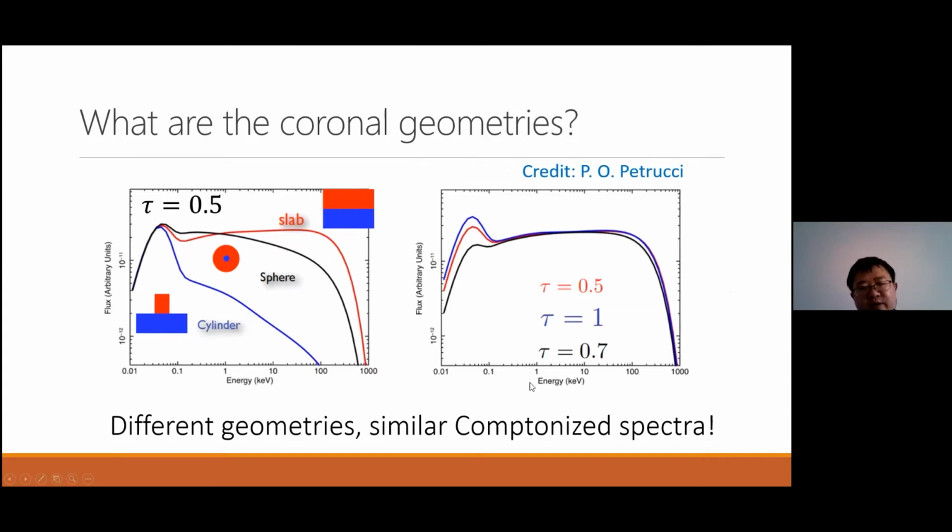So if you look at the figure on the right, done by Pierre-Olivier Petrucci, then you see that if you adjust the optical depth, then the Comptonized part of the energy spectrum is nearly the same for different geometries. So it means that only by spectral fitting, you cannot tell the geometry of the corona.